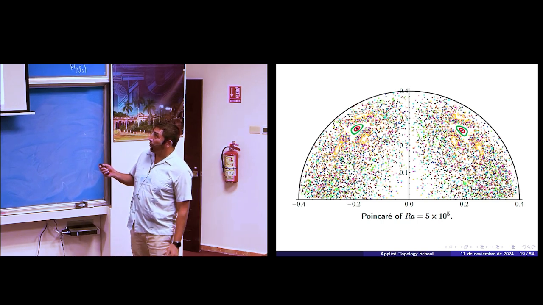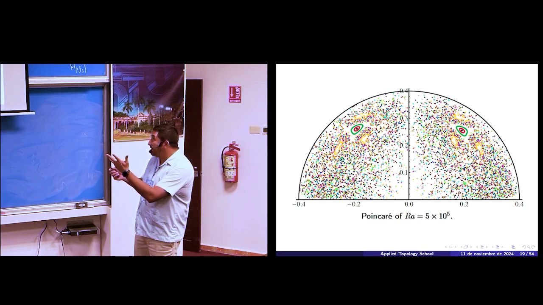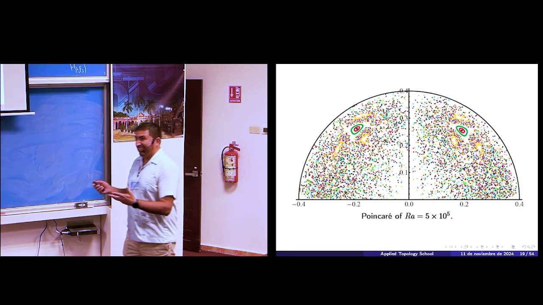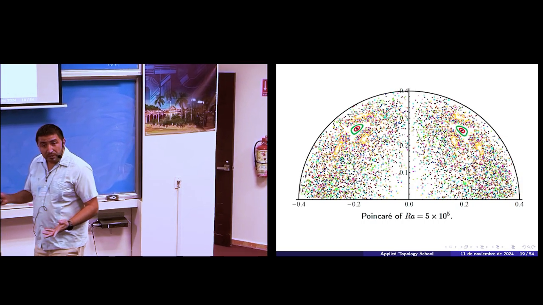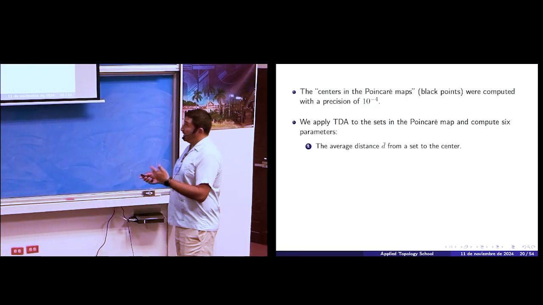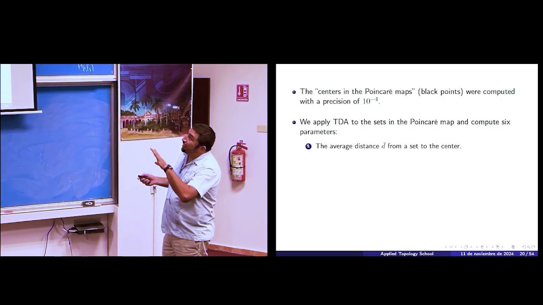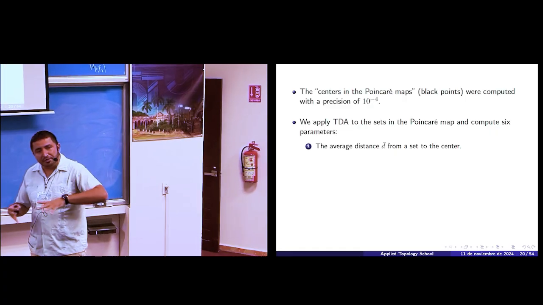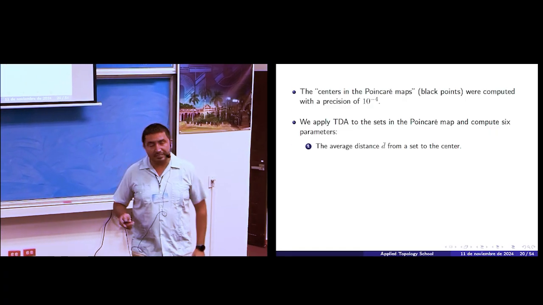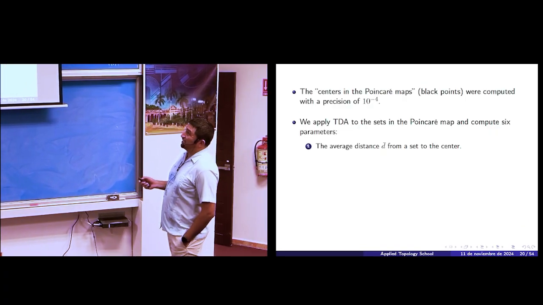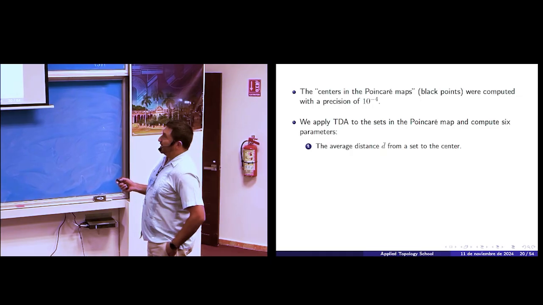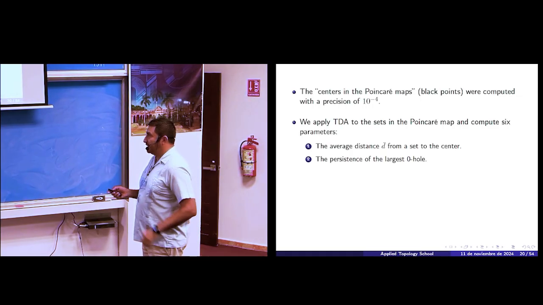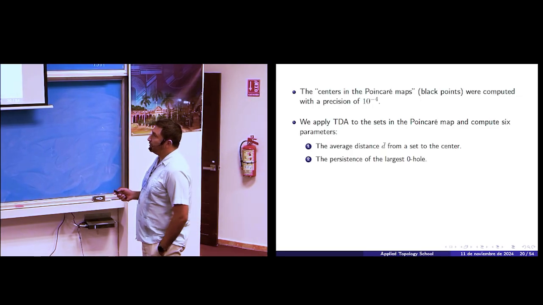Then this point, which looks like an easy orbit, is very difficult to obtain. The center is an orbit which we obtain only with numerical simulation. The average distance d bar from a set to the center is the first parameter that we are going to use.